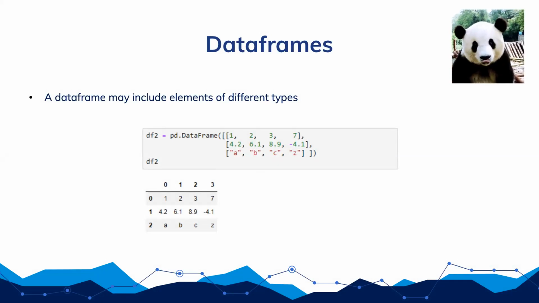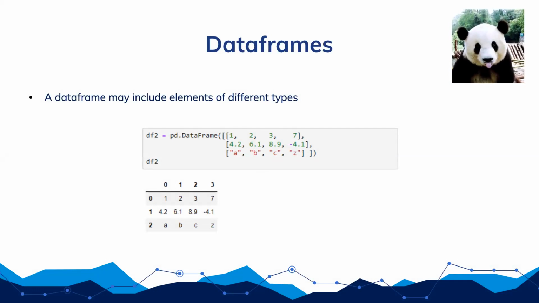So, DataFrames. Creating a DataFrame is also very easy. You just do pd.DataFrame, then parentheses, square brackets, and inside you put a list of the elements that you want your DataFrame to have.